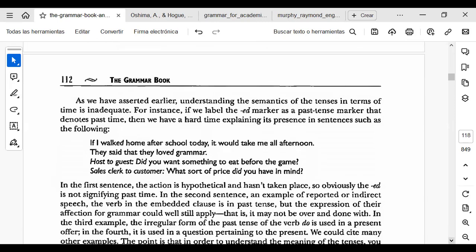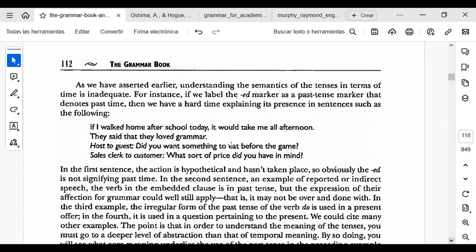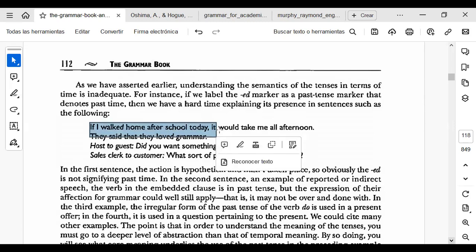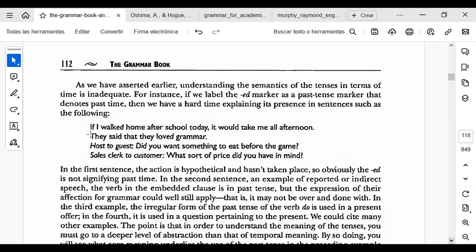For example, in English, we have some structures that could be difficult to explain to the students. For example, if I walk home after school today, it would take me all afternoon. So it's difficult.